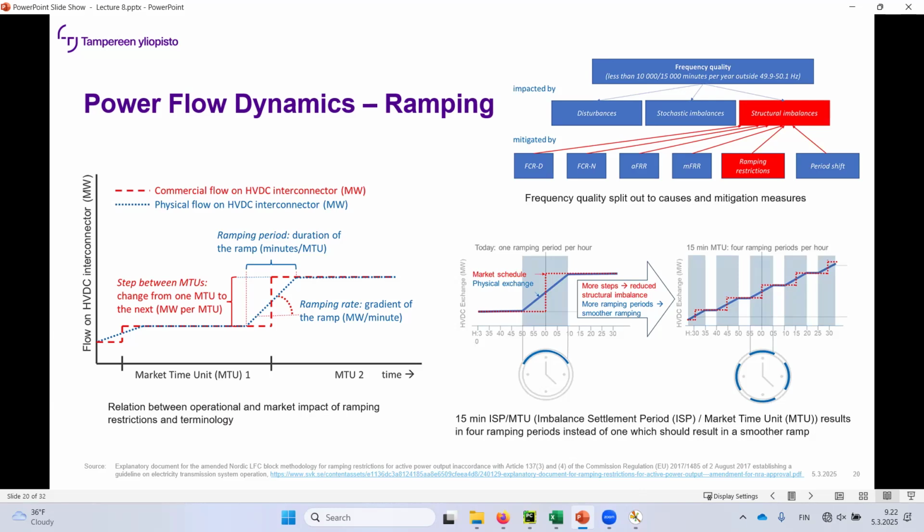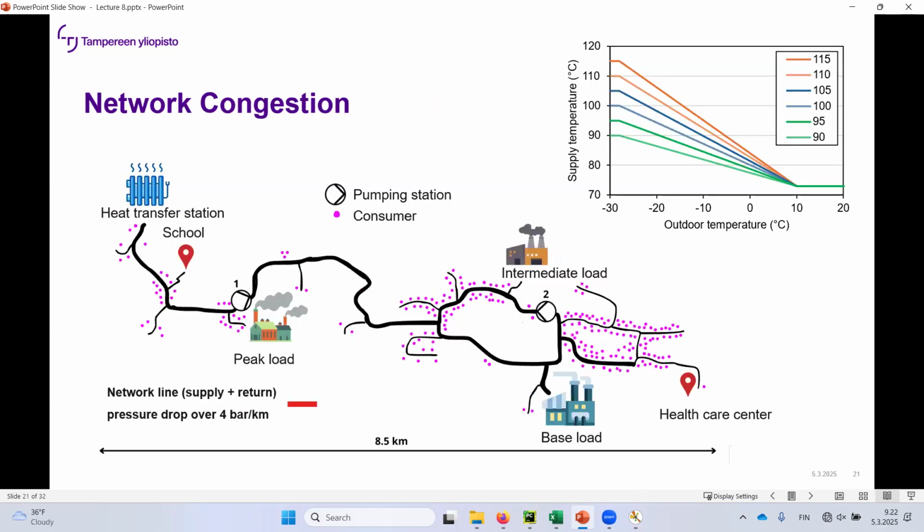So power flow dynamics, and that is, for example, something that I think you can include in SpineOpt, so you can make these ramping restrictions also in there. In district heating systems, this was from Juhani's work. So he calculated, for example, in this certain network, that there was the idea, as we looked before in the exercises, of changing this temperature control curve, so lowering the temperature in your network.